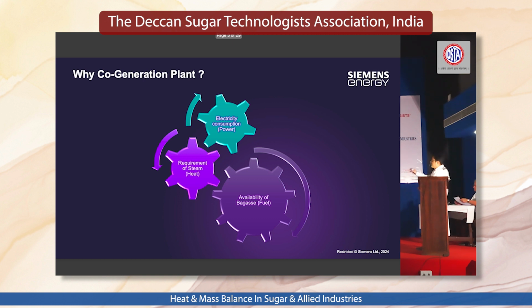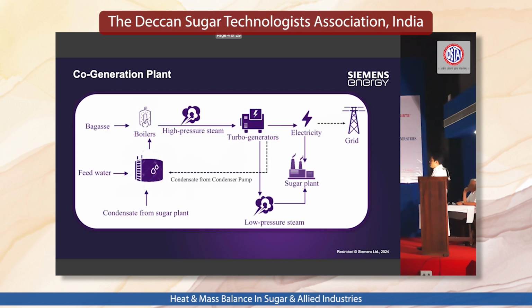Basically in this cogeneration plant, the bagasse from the sugar plant is fed to the boiler, and the condensate water is also given to the boiler, and due to the heat from the bagasse in the boiler, this water is converted into high pressure steam. This high pressure steam rotates the steam turbine, and the turbine generates electricity through the generator.